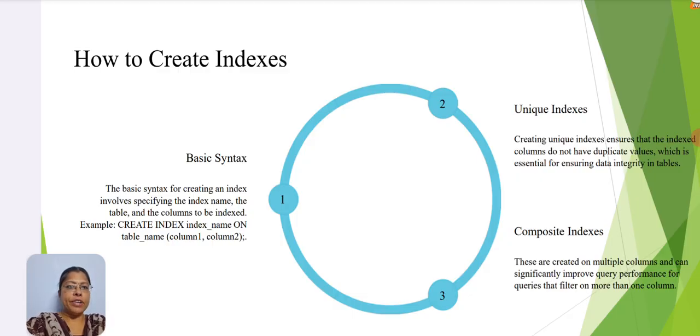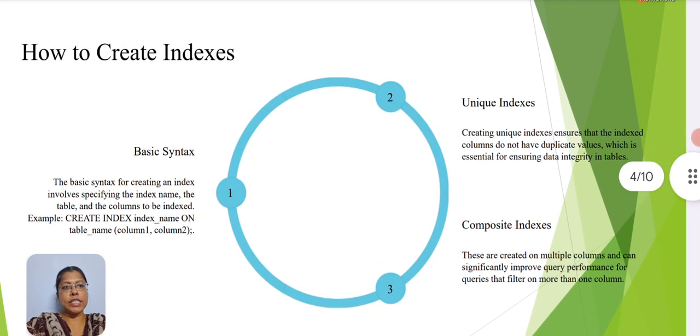The next type of index is the unique index. Creating unique indexes ensures the indexed columns do not have duplicate values. If it has duplicate values, the same index number will be present in another table, it will be called a duplicate and it will confuse the data too.